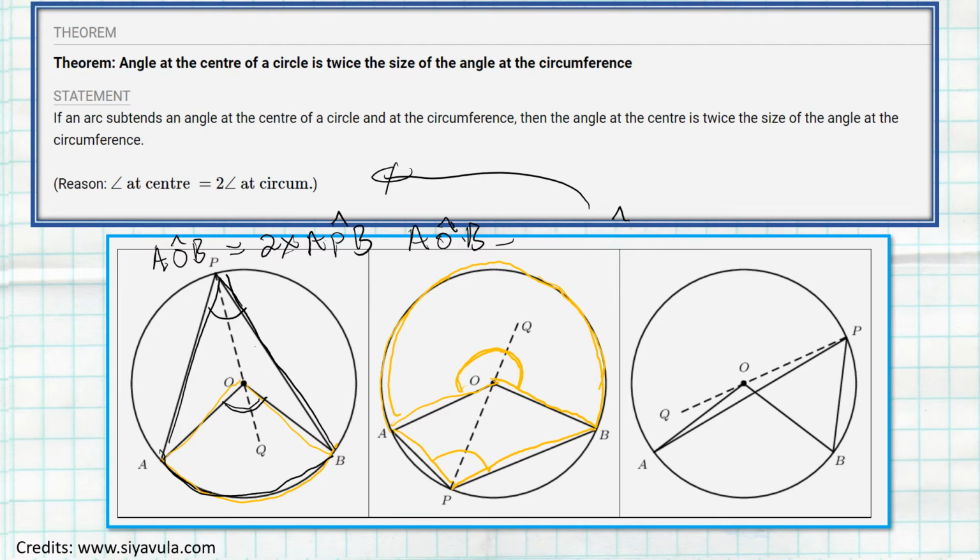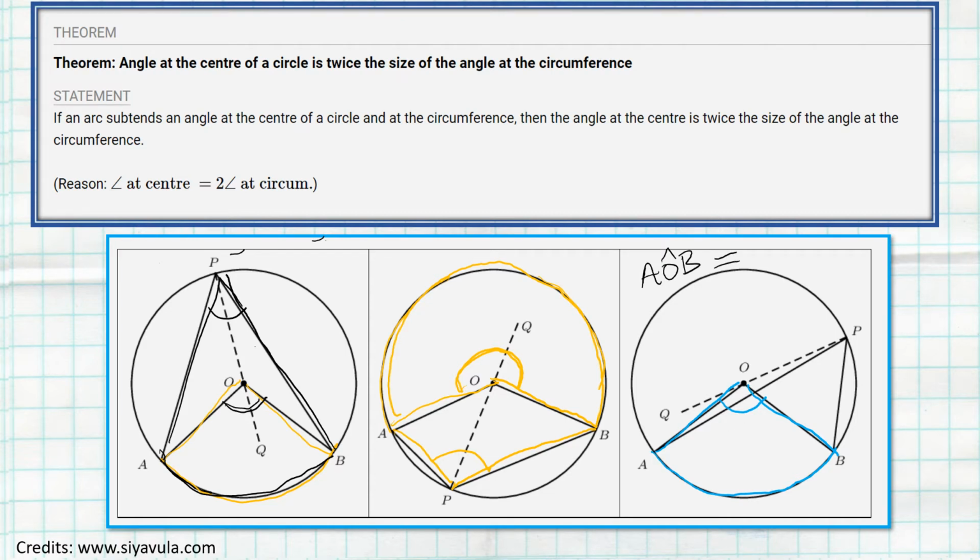Let's also look at this using the last diagram. Let's check the arc that is subtending an angle at the center. You have your arc AB again, subtending an angle at the center. It's still angle AOB.